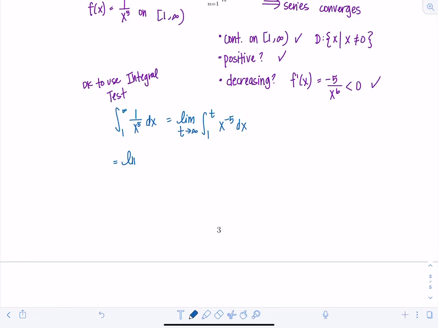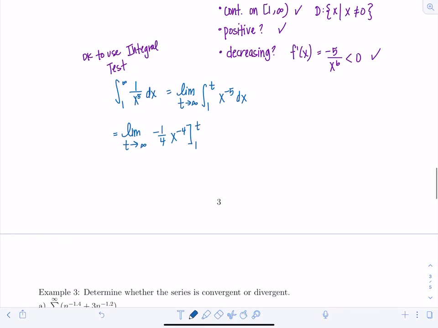So this is going to be the limit as t approaches infinity of negative 1/4 x to the negative 4th, evaluated from 1 to t. And this equals the limit as t approaches infinity. I'll leave the negative 1/4 factored out, and then I'm going to substitute in my limits of integration. So x to the negative 4th, substituting t for x, I'm going to have 1 over t to the 4th minus 1.